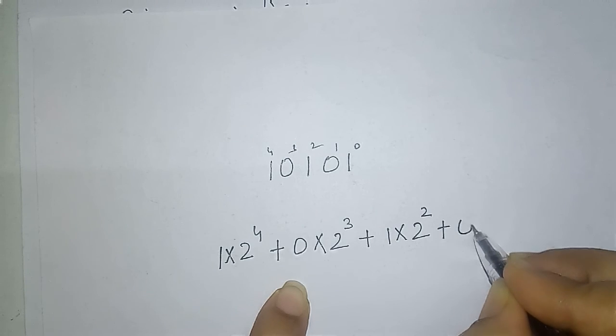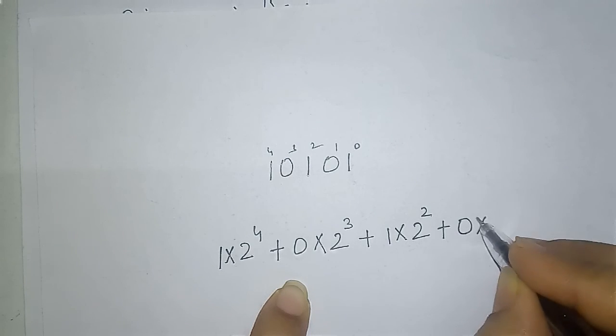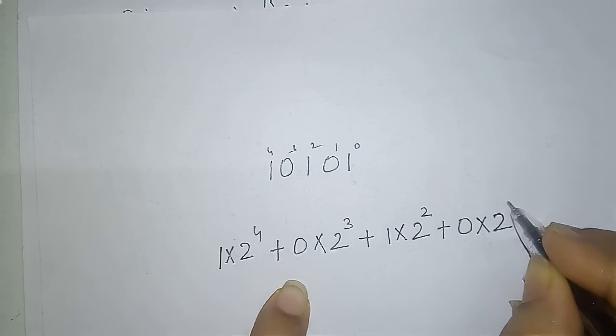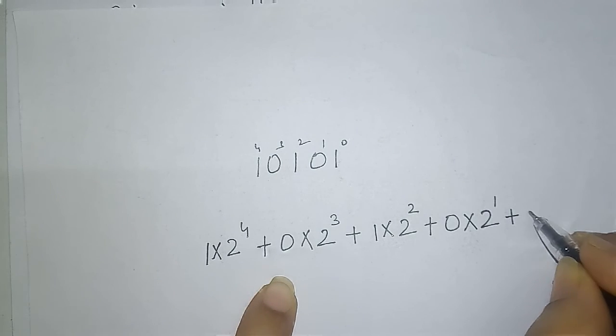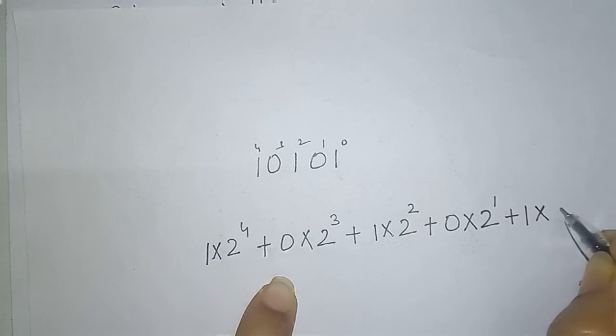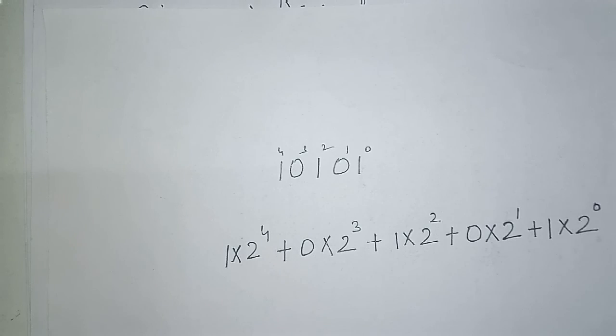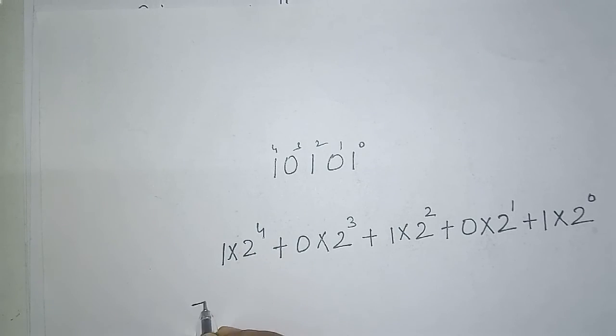The next digit has the face value 0 and the positional value 2 to the power 1, and the least significant bit has the face value 1 and the positional value 2 to the power 0.